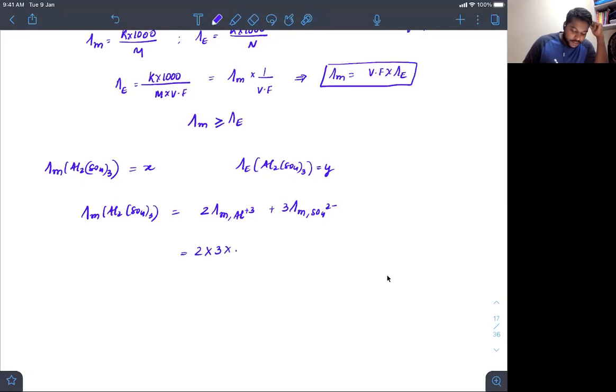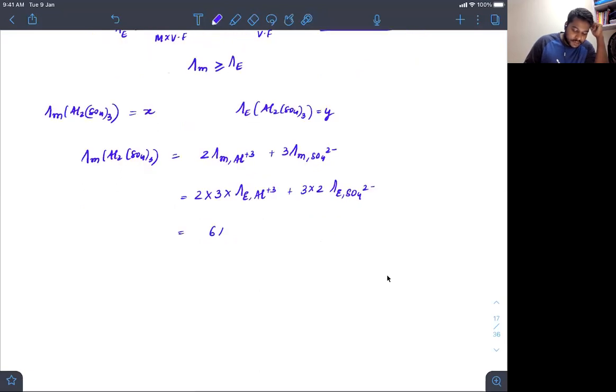So 2 into 3 into lambda E of Al+3 plus 3 into 2 into lambda E of SO4 2-, which is equal to 6 times lambda E of Al+3 plus 6 times lambda E of SO4 2-.